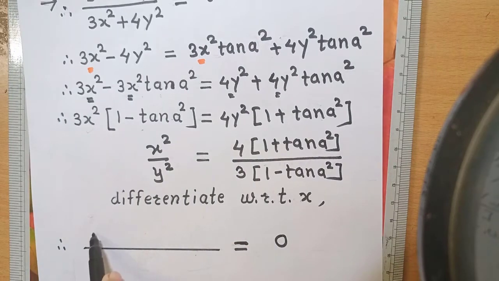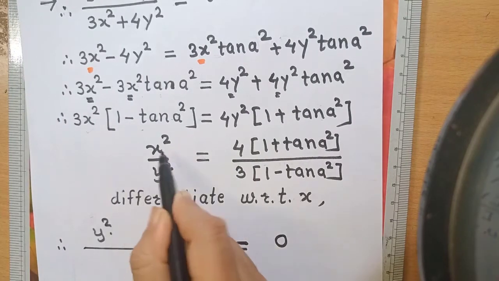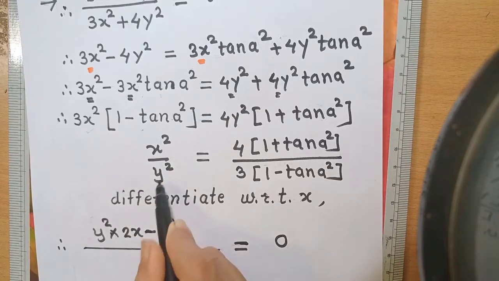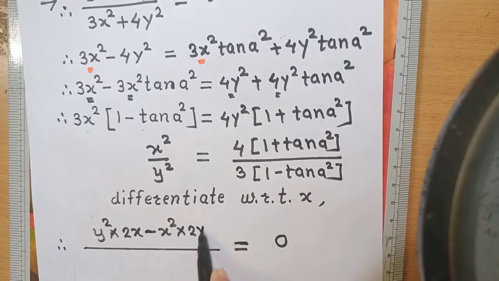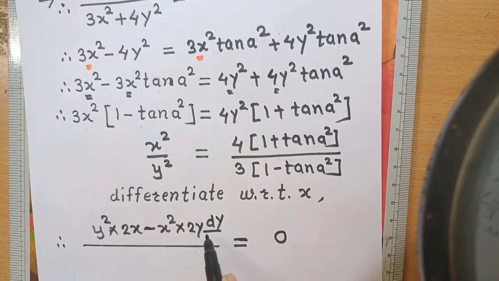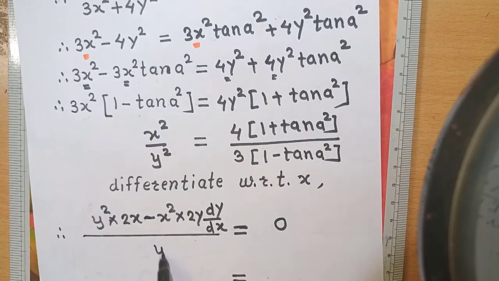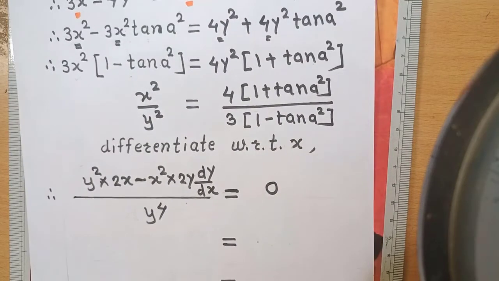First one is v, and then du by dx means into 2x minus u means x square, again dv by dx means 2y dy by dx upon v square. V square means y raised to 4.